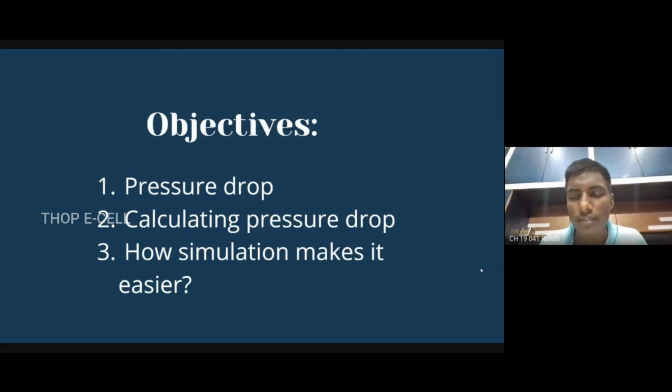Simulation takes us to an easier way. The background work is taken care of by the Pro2 simulation, and the results are displayed to us. So we get the same result as the conventional way. Moving on.